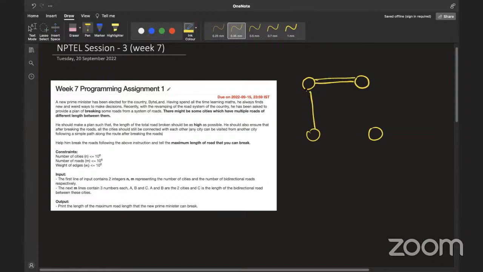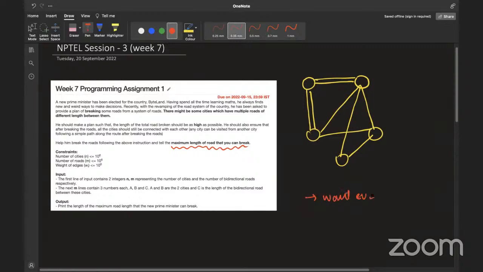And what you want to do is tell the maximum length of the road that you can break. And after you break the road, you would want all the cities to stay connected.